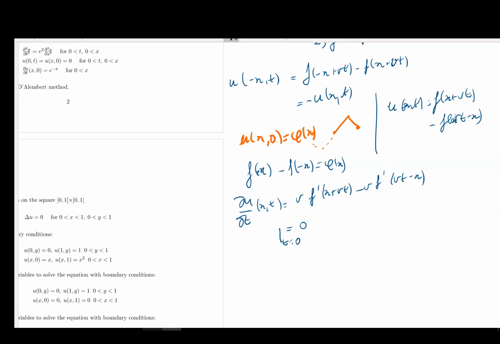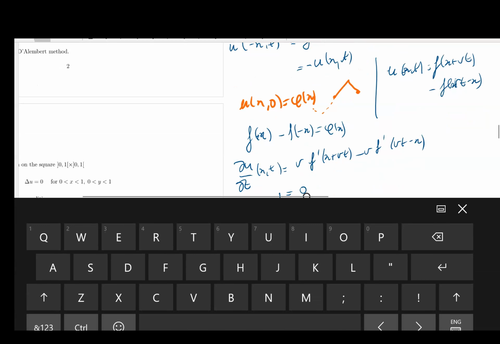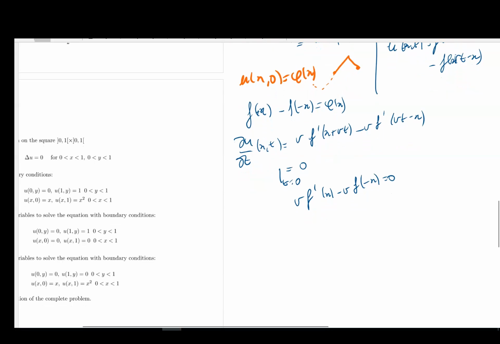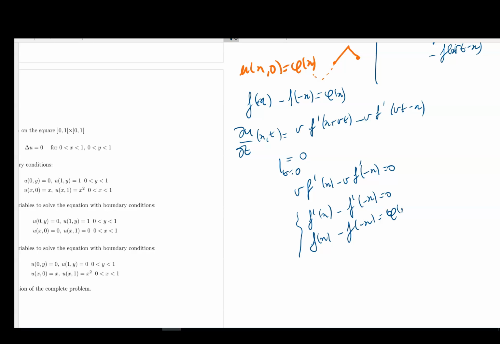So when t is equal to 0, I get that v f prime of x minus v f prime of minus x is equal to 0. Okay, so f prime of x minus f prime of minus x is equal to 0. And if I use the equation that f of x minus f of minus x is equal to phi of x, and I differentiate that one, what do I get?